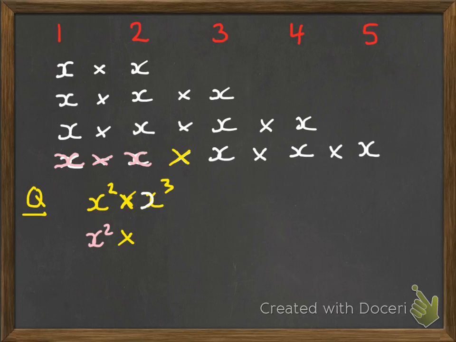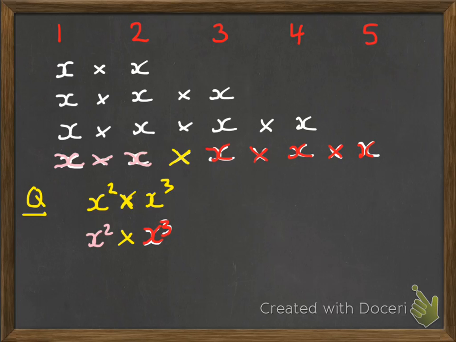Then we've got x cubed. Well, that's x times x times x. In other words, this bit is here, and this bit is here.